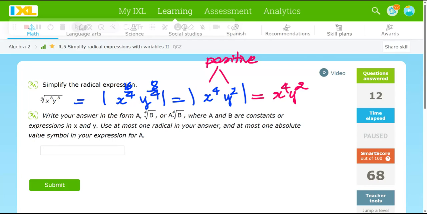All of these are always positive. 19 always positive. X to the 6 always positive. Square root of x always positive. So you don't need absolute value sign. Get rid of absolute value sign. That's it. That is your answer.